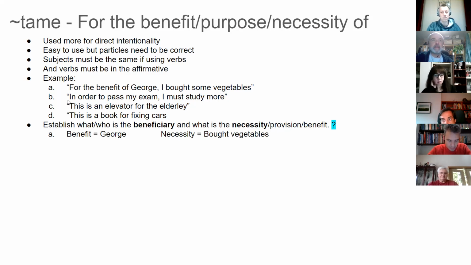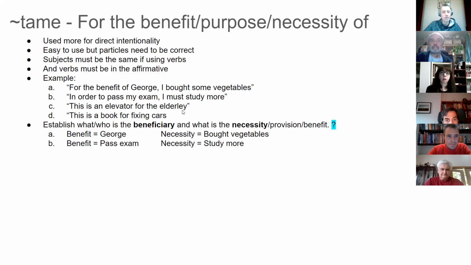So how about, in order to pass my exams, I must study more. So Monya, what's the beneficiary in this? To pass the exam. Exactly. And then the necessity is study more. Good. And then Tom, for the third one, this is an elevator for the elderly.